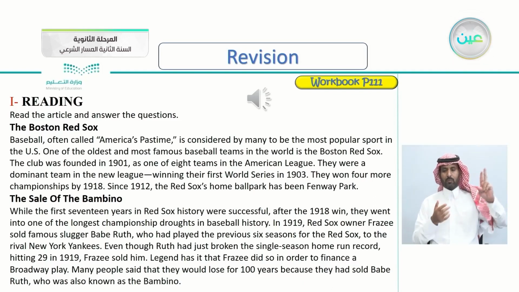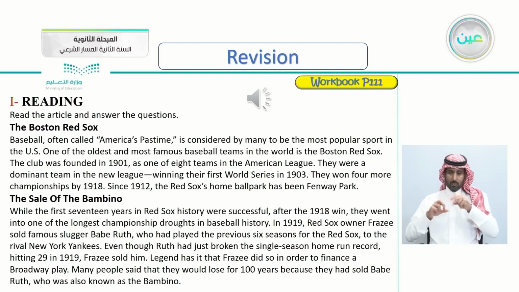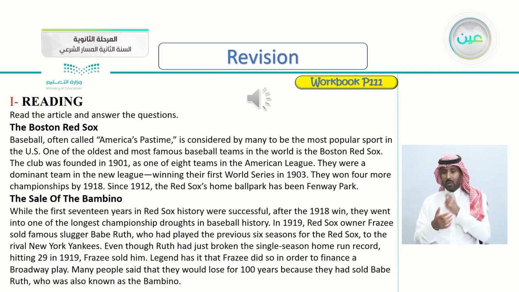Even though Ruth had just broken the single-season home run record, hitting 29 in 1919, Frazee sold him. Legend has it that Frazee did so in order to finance a Broadway play. Many people said that they would lose for 100 years because they had sold Babe Ruth, who was also known as the Bambino.